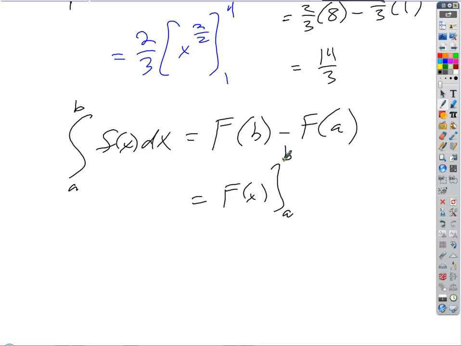They mean the same thing. Okay, so then, what about this? This is what's called an area function.